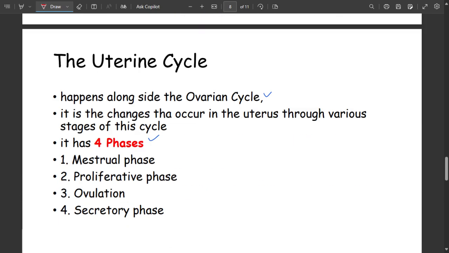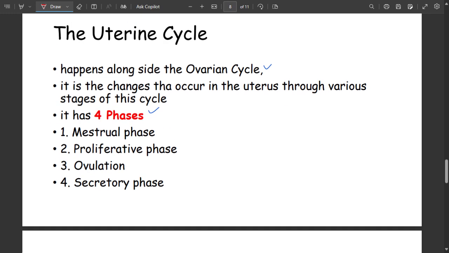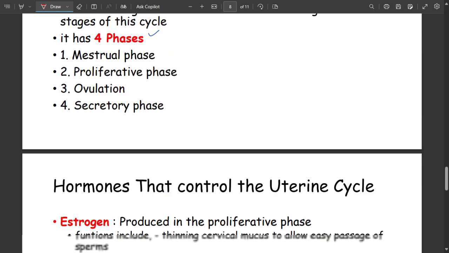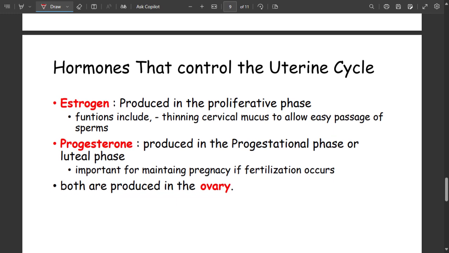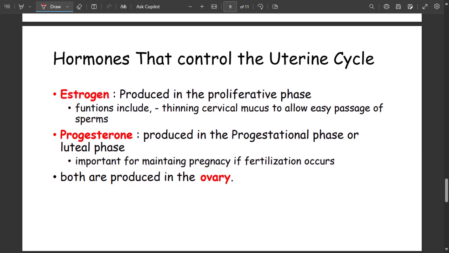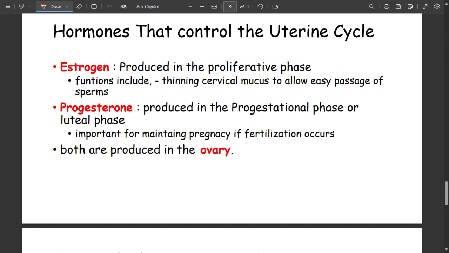So yes, we've talked about the four phases in the uterine cycle and the ovarian cycle as well, how they're linked together. Then the hormones that control the uterine cycle, we have estrogen produced in the proliferative phase. Okay, this is the proliferative phase, the phase that is before ovulation.